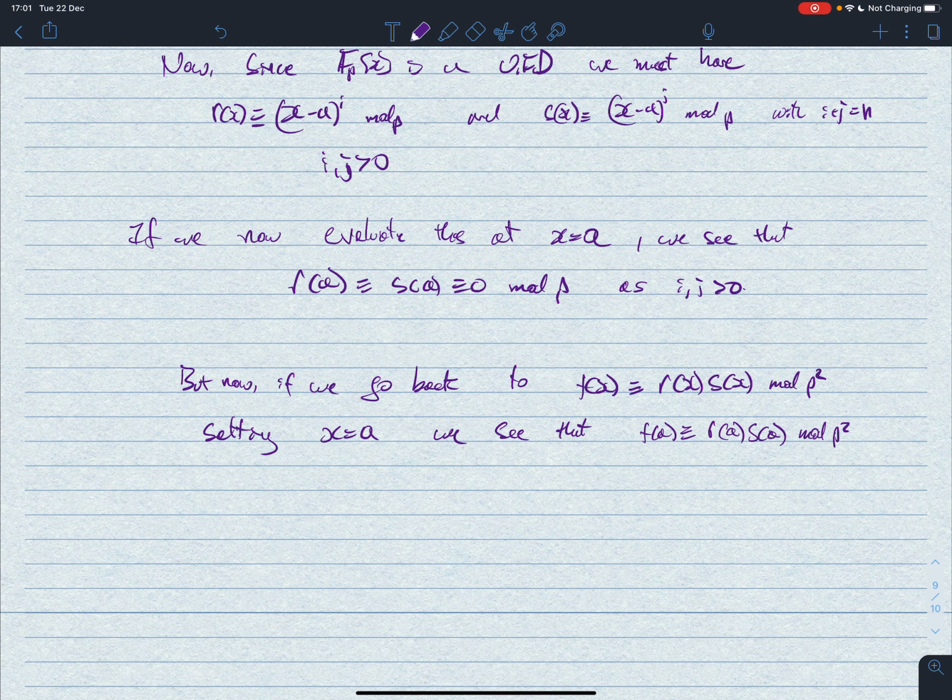If you think of what f of a is, this implies that p times g of a is congruent to R of a, S of a, which is congruent to 0 mod p squared, because I've just checked that each of these is congruent to 0 mod p. So each of them vanishes at p, here you have a factor of p, here you have a factor of p, so together you have a factor of p squared.